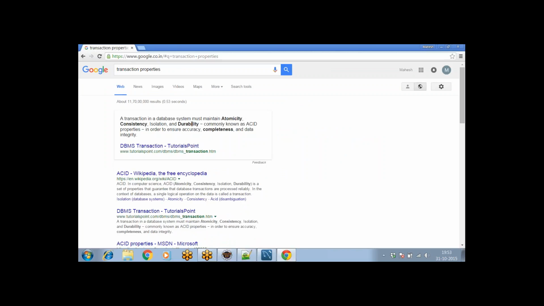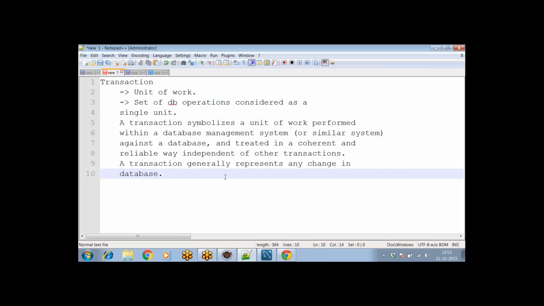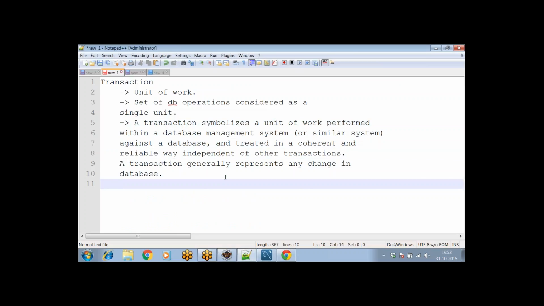So you might have heard about it. They're all related to databases. Hibernate is dealing with the database itself, right?